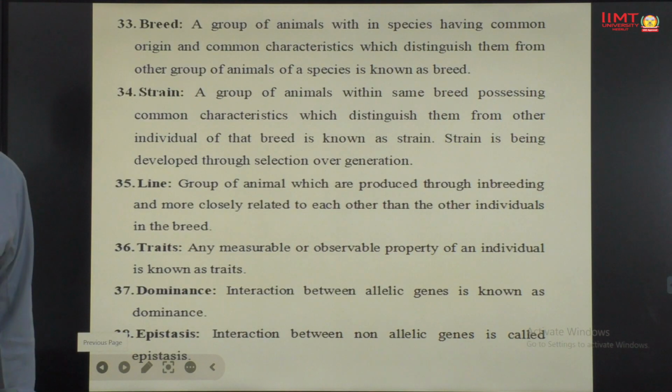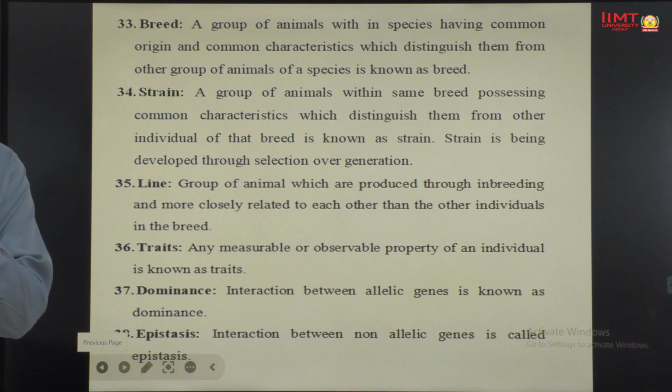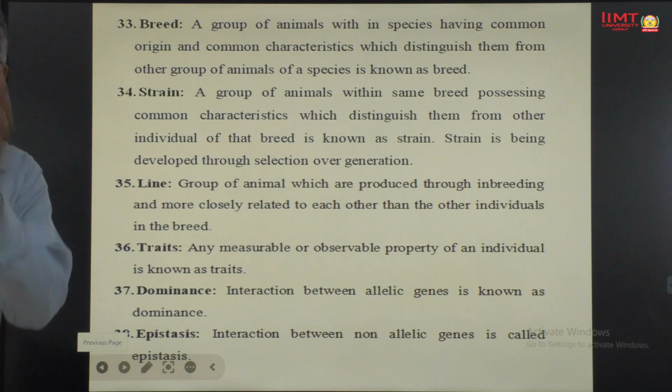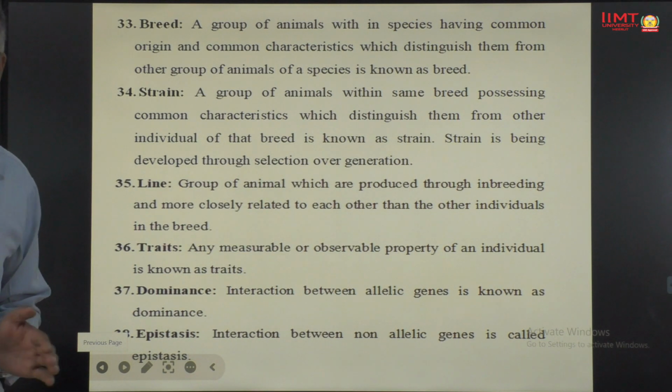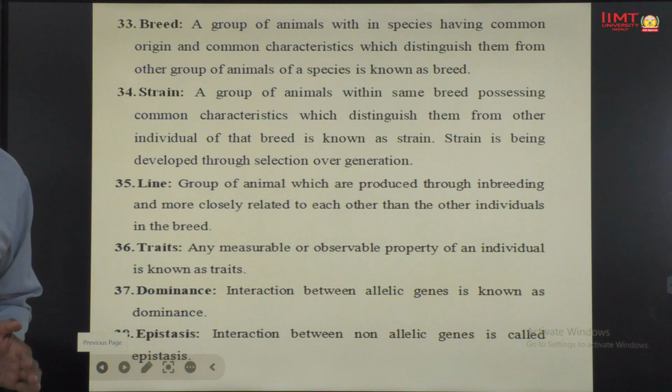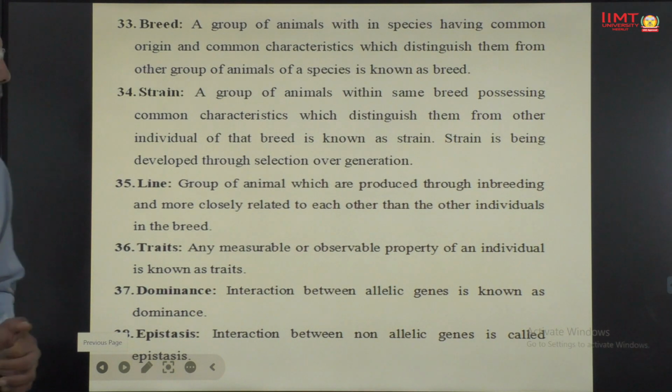What is breed? A group of individuals or animals within a species having common origin and common characteristics is known as a breed. And what is strain?